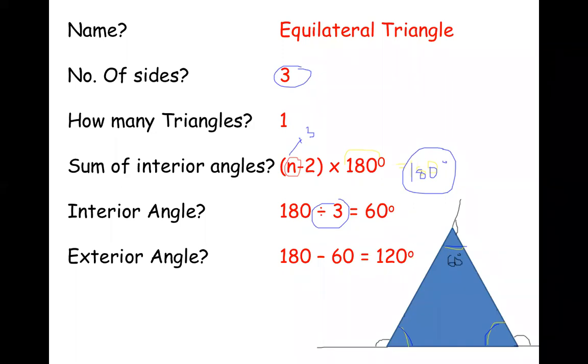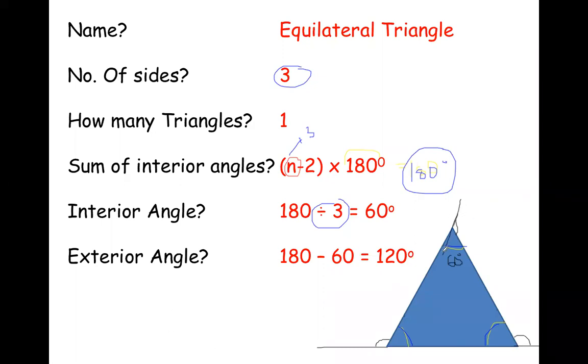No. Try again. Look at the picture. Look at how I drew the exterior angle. Why do I take 180? It's not because 180 is the sum of interior angles. Look at the exterior angle. What does it remind you of? A straight line has 180 degrees. Correct.